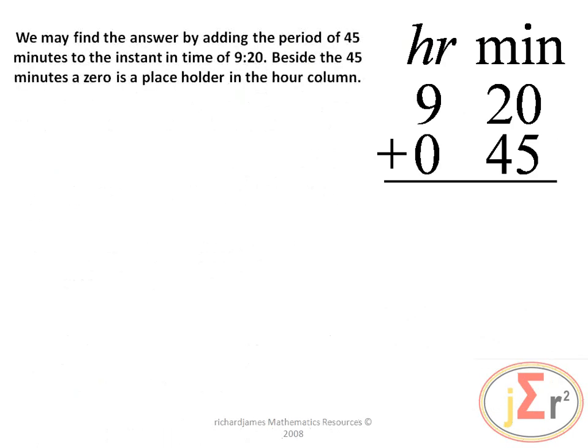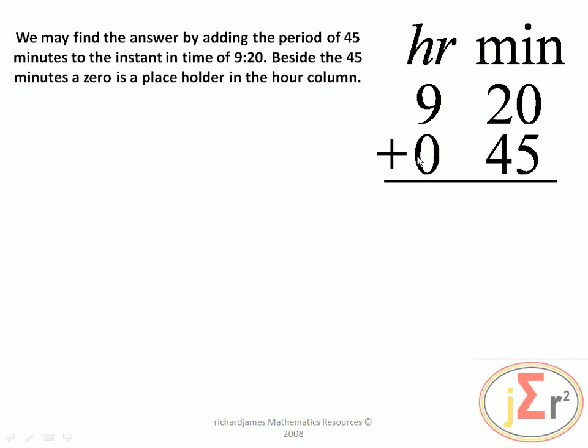We may find the answer by adding the period of 45 minutes to the instant in time of 9:20. So we are going to add the 45 minutes to 9:20. So we are going to put a 0 right here as a placeholder in the hour column.